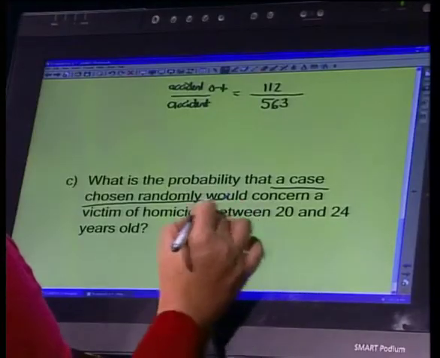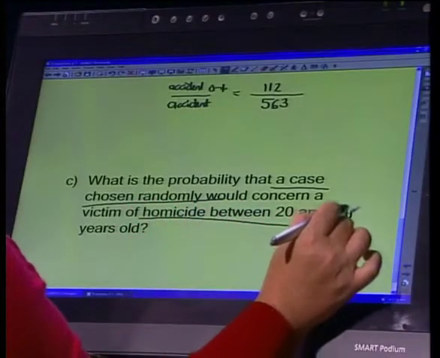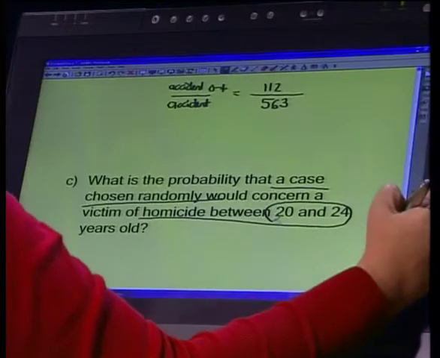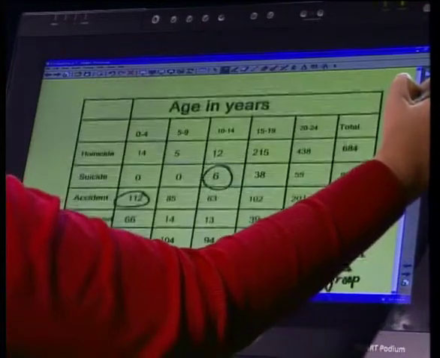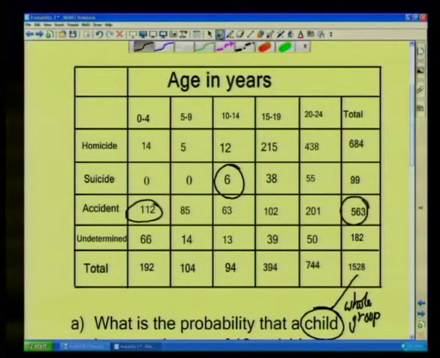Okay, and you're looking for a homicide between the age of 20 and 24. So let's look at homicide. Let's change our pen color for a change. Homicide between 20 and 24 was 438 people out of the whole group of 1,528.